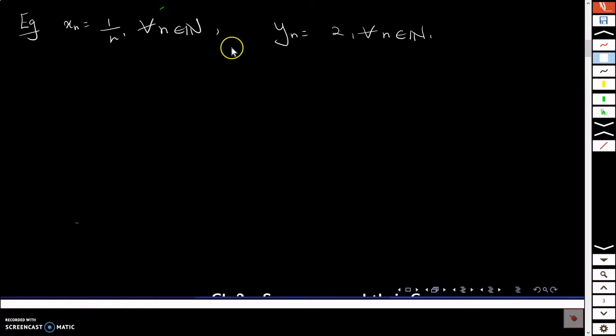Okay, then how will the sequence xn plus yn look like? The sequence xn plus yn would be this sequence 1 by n plus 2, right? And how will the elements of this be? When n equal to 1, that will be 3.